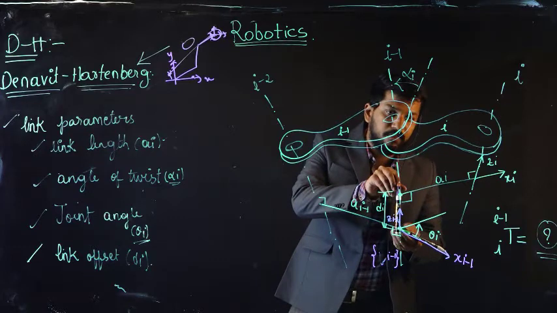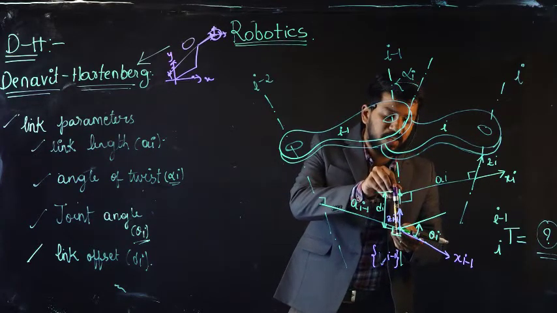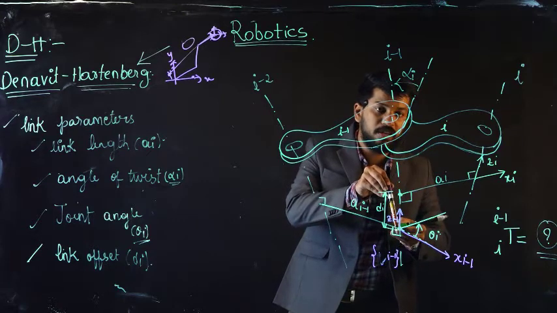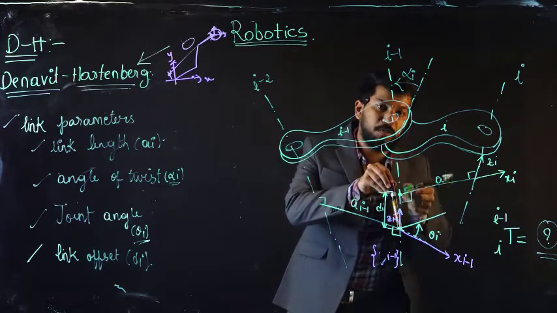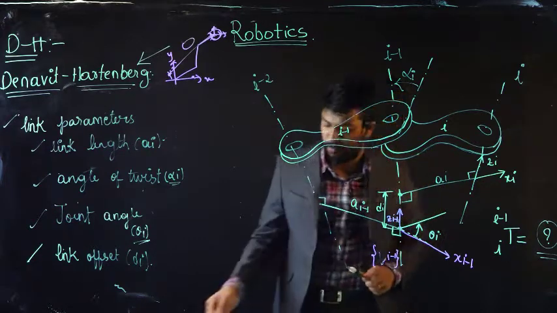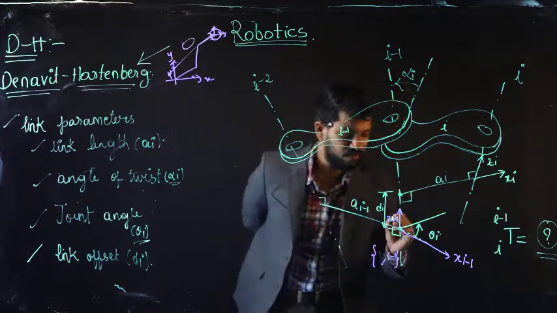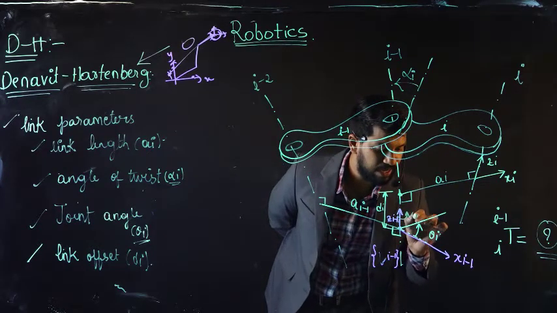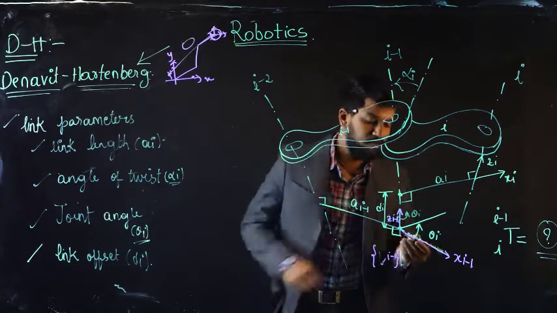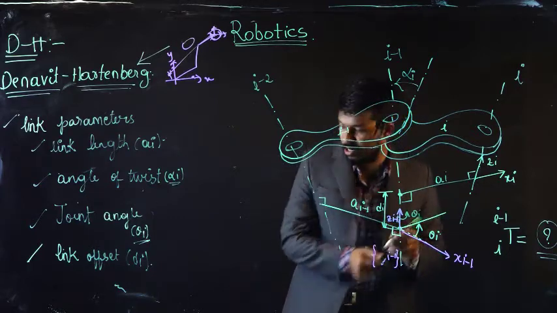I need to twist my zi minus 1 in such a way that xi will occupy a new position along that previous x position. So construction wise, I need to twist zi by an angle theta i, so that my xi will occupy this particular position.